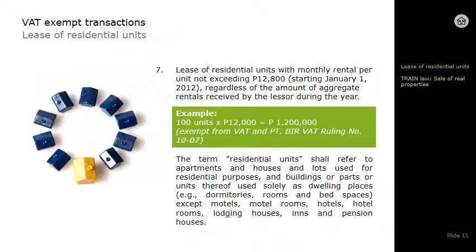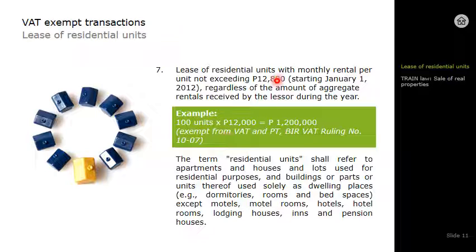And then, so let's now focus on this exemption of lease of residential unit. So pag nagpapaupa ka ng residential unit, there are two requisites, no? Two requisites for exemption. So, the monthly rental per unit should not exceed 12,800, no?